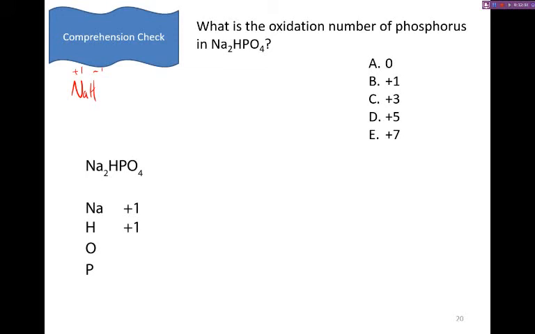Really, that's the only case: metal hydrides give hydrogen a -1. It could be a metal hydride singularly like this, or it could be a metal hydride like that, where calcium would have +2 and there would be -1 for each hydrogen. The oxygen is more electronegative than phosphorus.